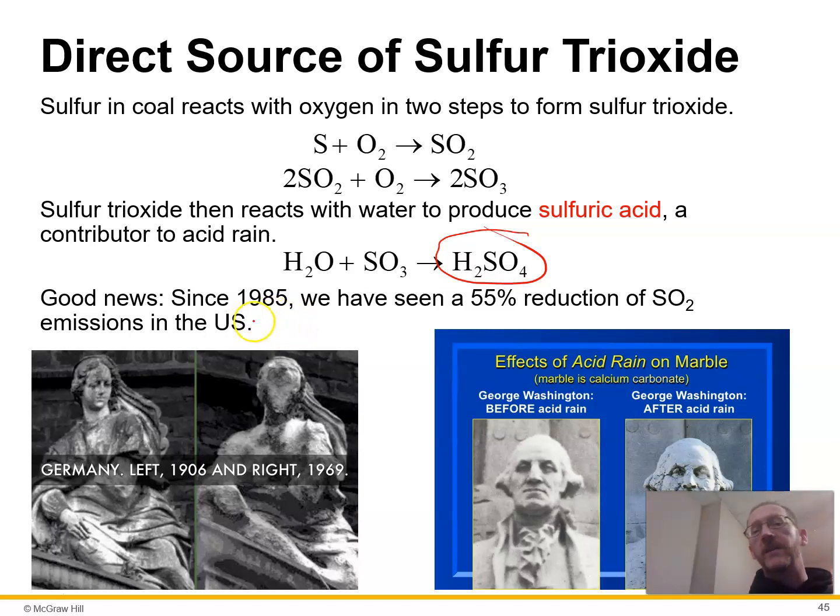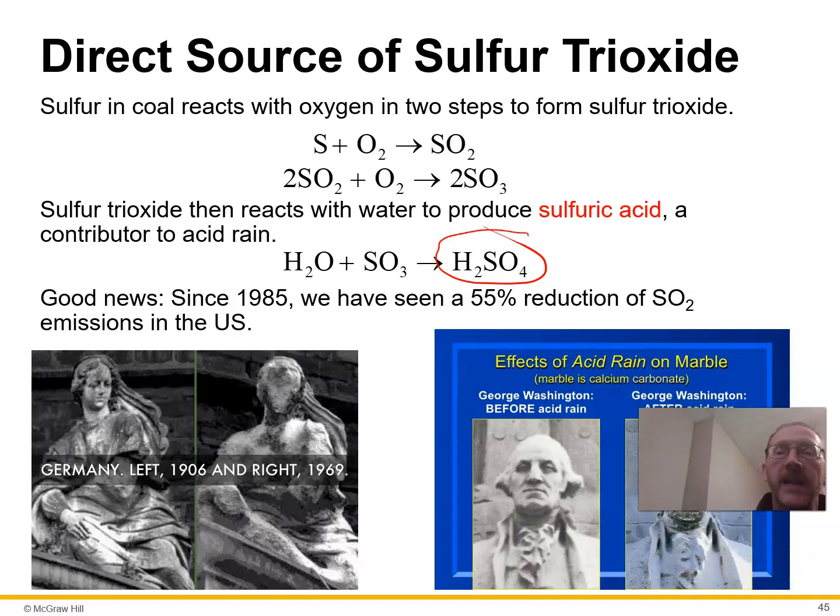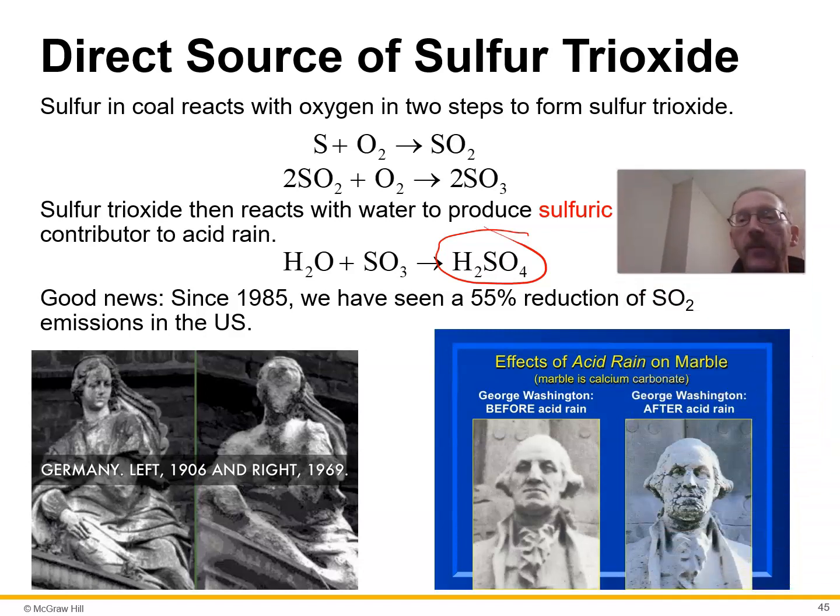We've seen since 1985, so in the last 35, 40 years, quite a bunch less sulfur dioxide emissions. That's due to shutting down some coal-fired power plants and just scrubbing their exhaust more carefully. But you can look, I just picked out a couple of examples of things that show the effects of acid rain.